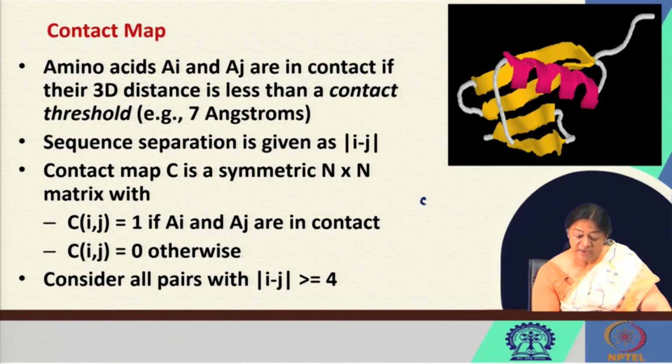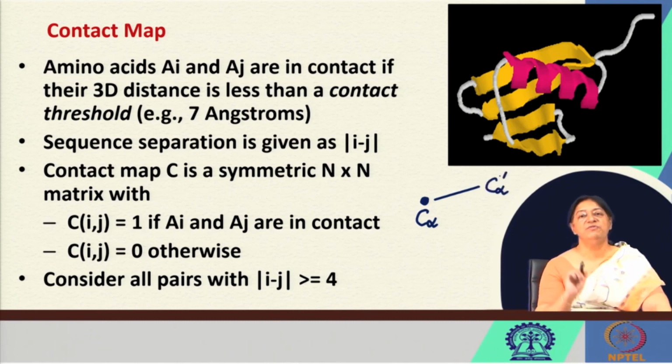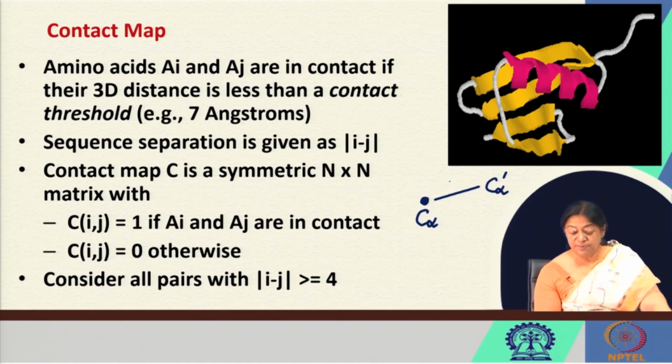If I look at a specific amino acid and I just look at the C alpha of this amino acid, and I try to find the distance to another C alpha from somewhere far in the protein, there is a specific distance d that I am looking at.